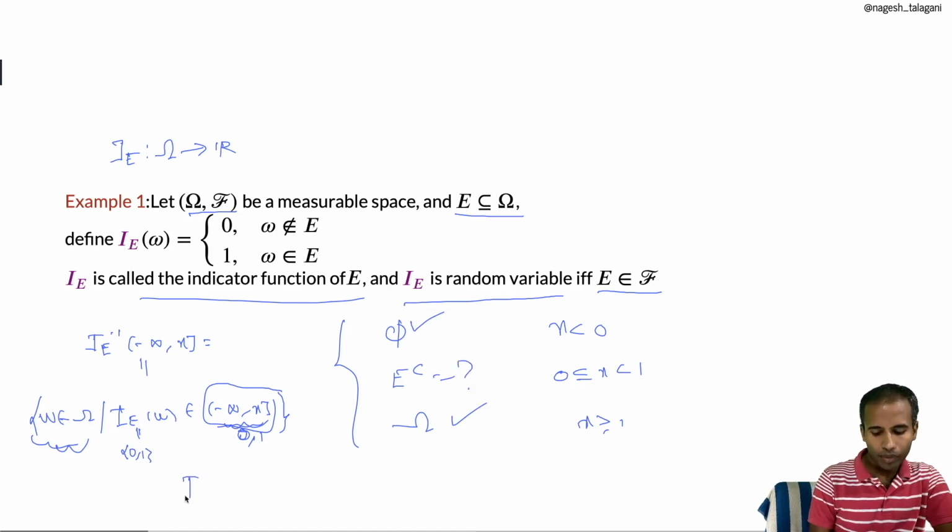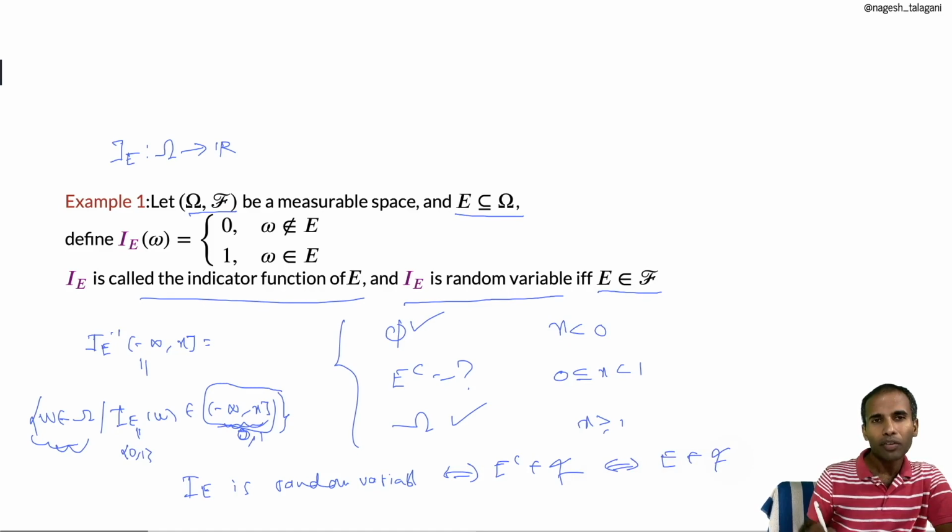That's why I is a random variable if and only if this E complement is an event, that means E complement is in script F. That is if and only if E belongs to script F, because a sigma field is closed under complementation. If E complement is there, E should be there. If E is there, E complement should be there. That's why I is a random variable if and only if E is an event.